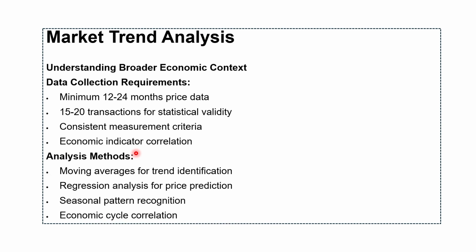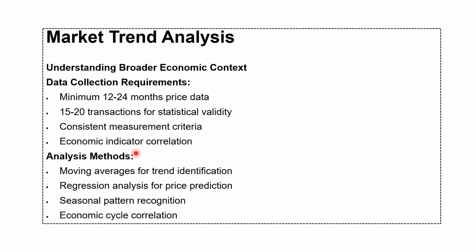Then coming to market trend analysis. Understanding broader economic context: minimum 12 to 24 months of price data should be there, 50 to 20 transactions for statistical validity, consistent measurement criteria, economic indicator correlations.